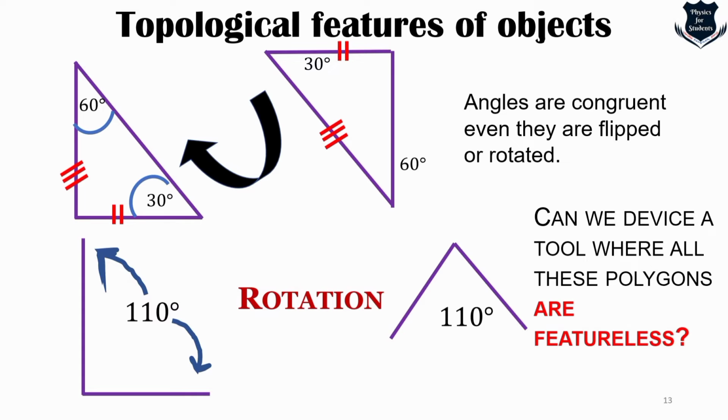So until and unless we come out of the specific features of a particular polygon, for example, an angle, the sides, all those things, we cannot make it much more general. We cannot make it applicable to any manifold or any dimensions of space. So this is the reason that we are trying to find something featureless, which won't have a feature, and we can extend those objects to much broader use.